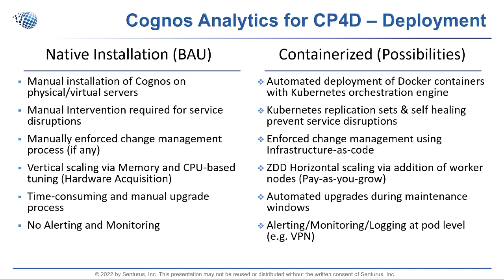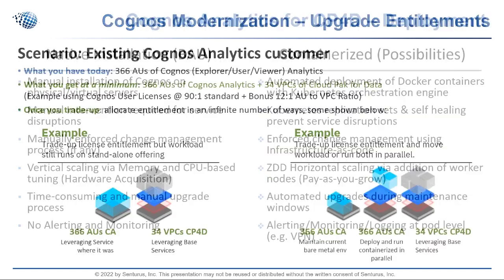If you move into a containerized environment, you see an awful lot of things start to happen that will be time-saving and effort-saving for you: automated upgrades, alerts, monitoring, change management, and so on. So there are things in the deployment side that make your analytics better and much easier to manage, so that if you start to expand and continue to improve your product set and your offerings, you can do that in a much better environment.